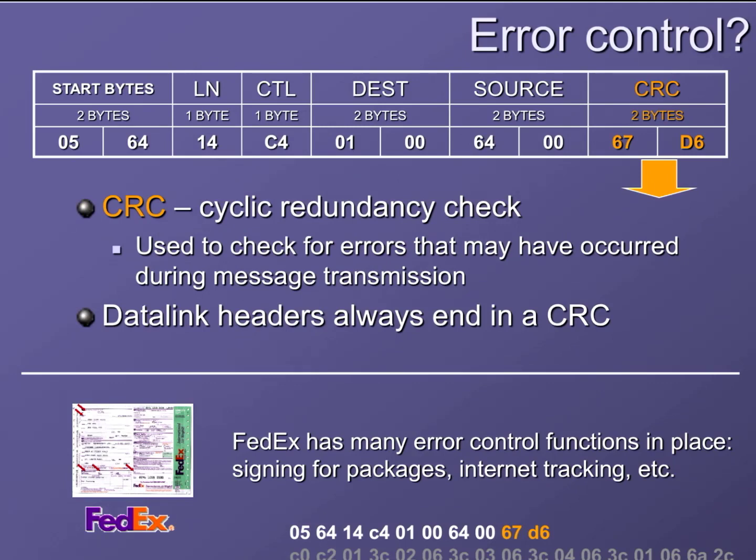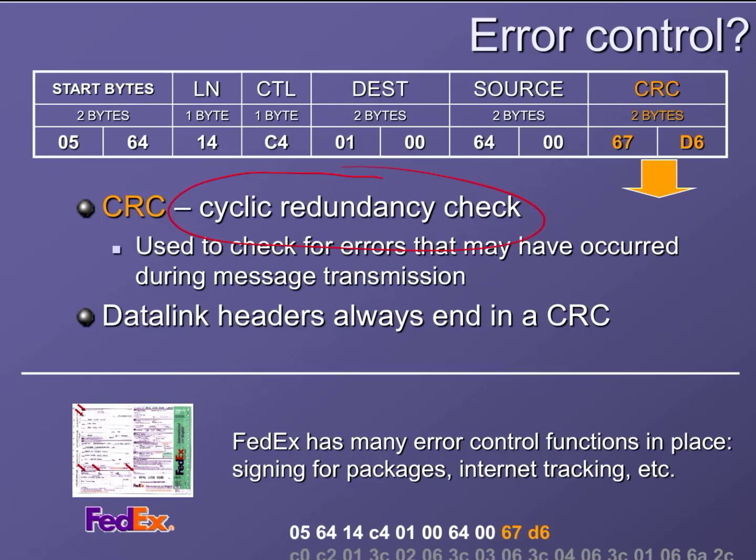Okay, then the last part is our 2-byte CRC, and that is our cyclic redundancy check. That's our code that's calculated with the CRC calculator, and it doesn't really matter for the purposes of our exercises, but remember, this is a 2-byte value once again.